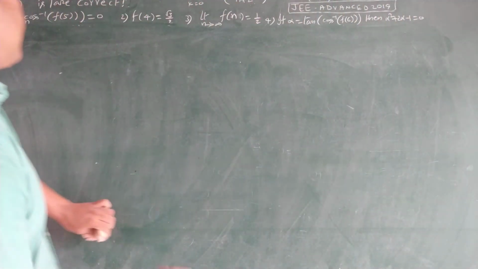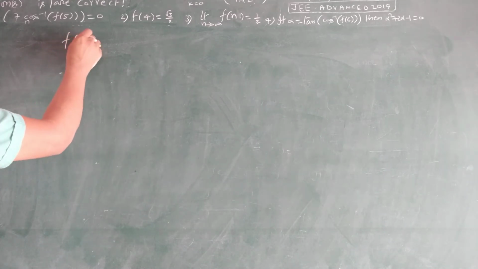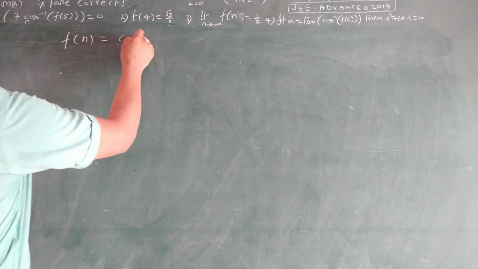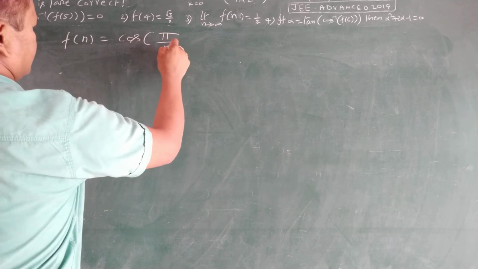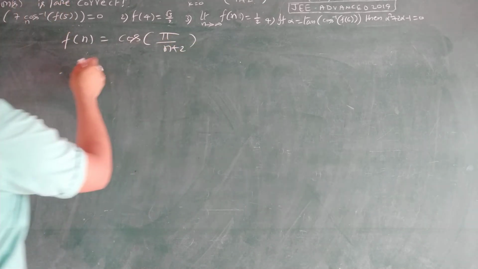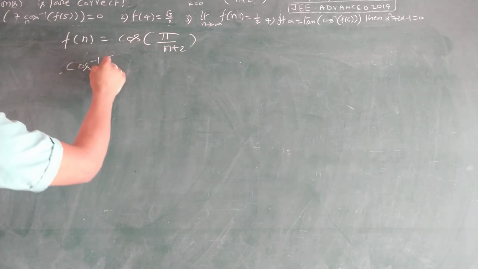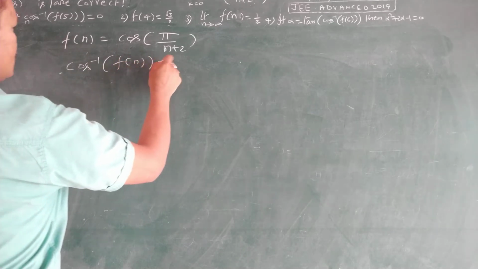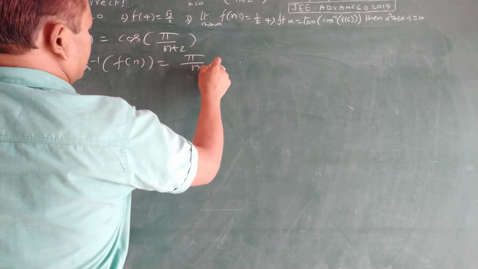Now go to option verification. So what we get here? F of n is equal to cos pi by n plus 2 we get. Now from this, cos inverse f of n is equal to pi by n plus 2.